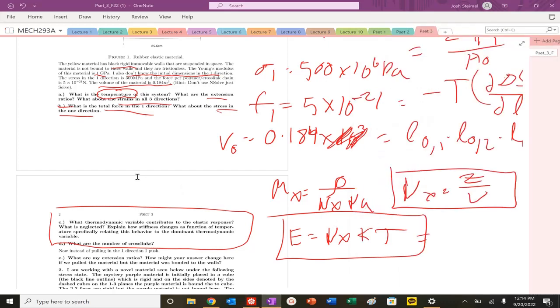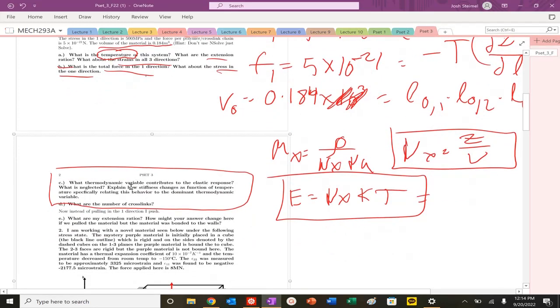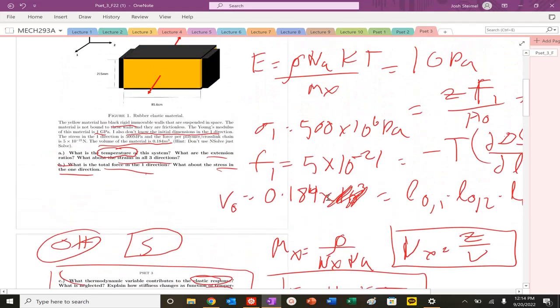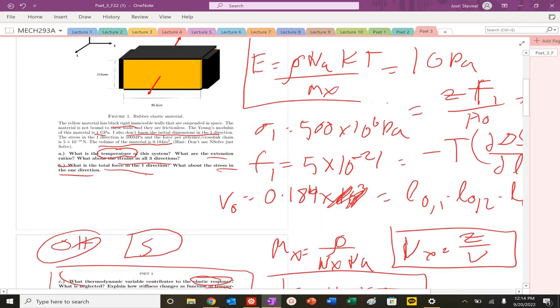So Z times F1, so we can have that. That's basically going to be your total force. So Z, what is your actual force in the direction times the number of those polymer chains. So we'll make sure, again, note that what thermodynamic variable contributed, entropy, neglected, enthalpy of fusion.